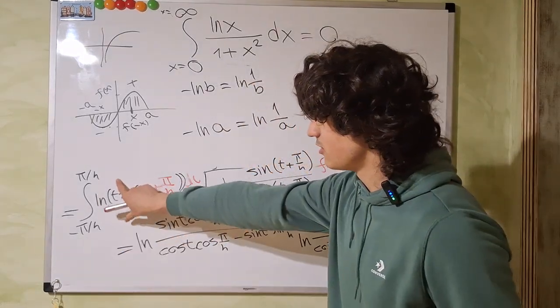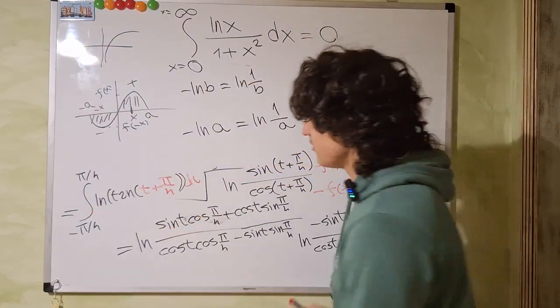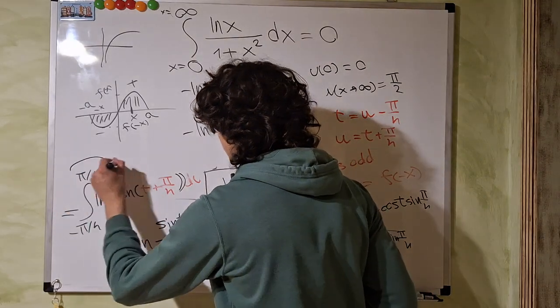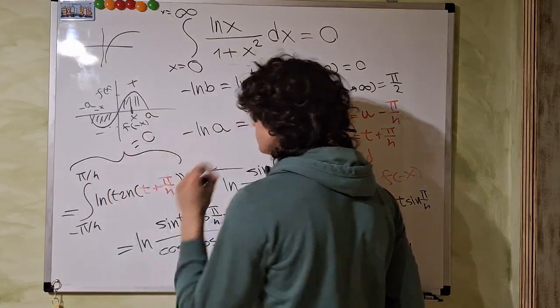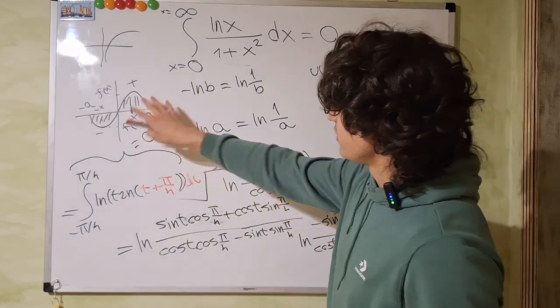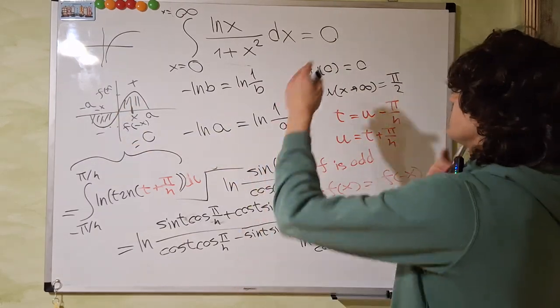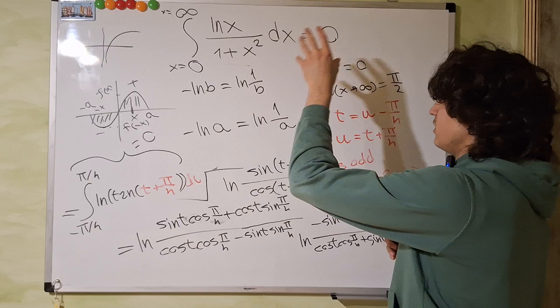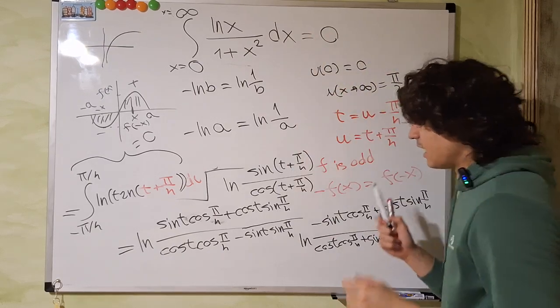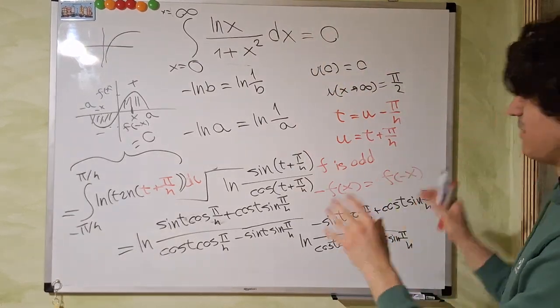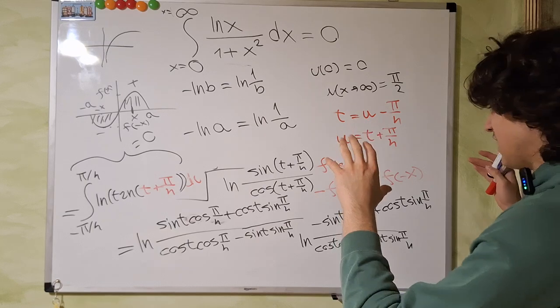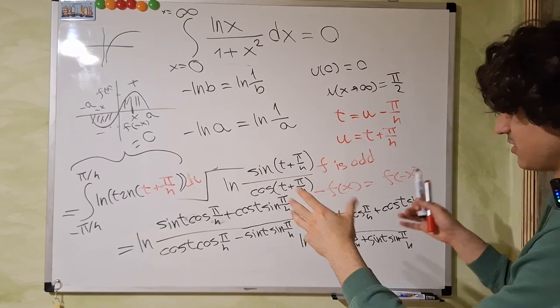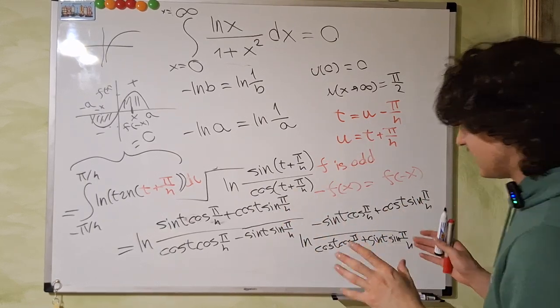We're integrating over a symmetric interval, so this integral here equals 0. This is what we've done, and here's how we proved that this integral indeed equals 0. And it's simple. I know it looks messy on the whiteboard now because it took a lot of space, but it's trivial.